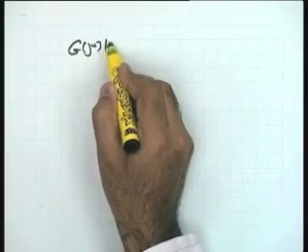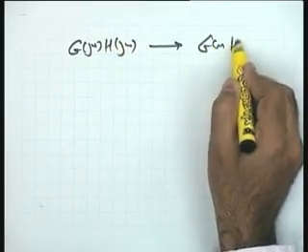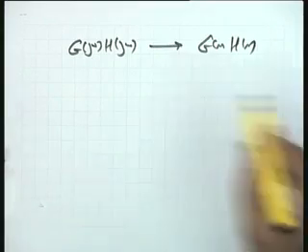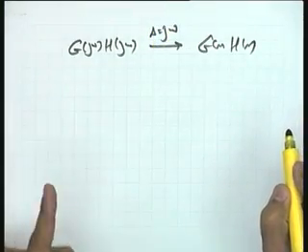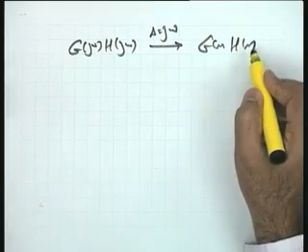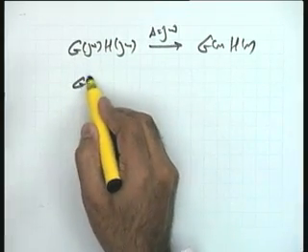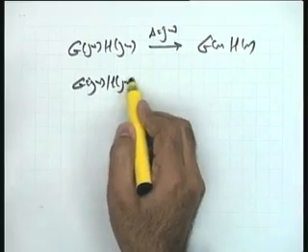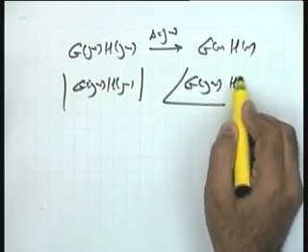Well, see, G(jω)H(jω) is G(s)H(s), the mapping function, with s equal to jω. When the mapping is being done only on the imaginary axis, then this is the mapping function. You see that the magnitude of this function is |G(jω)H(jω)|, and the angle of this function is ∠G(jω)H(jω).